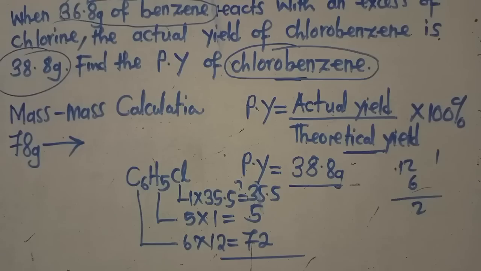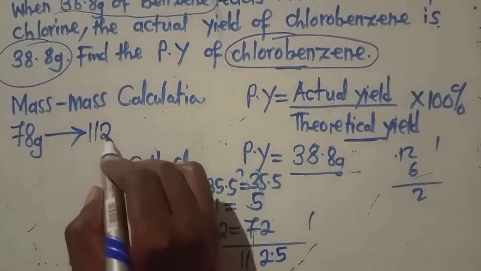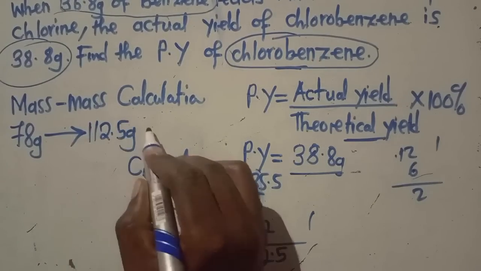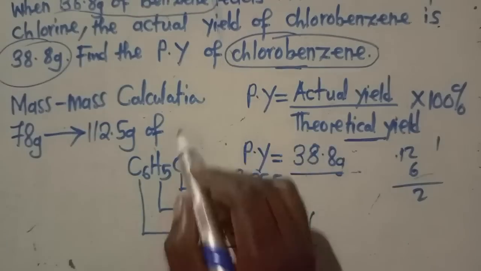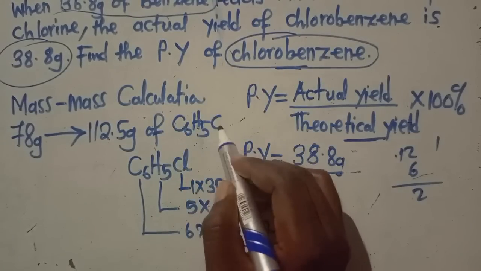So when you add everything, you are going to get 112.5 grams of chlorobenzene.